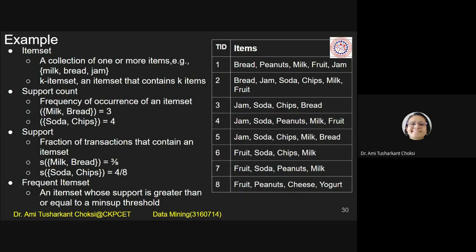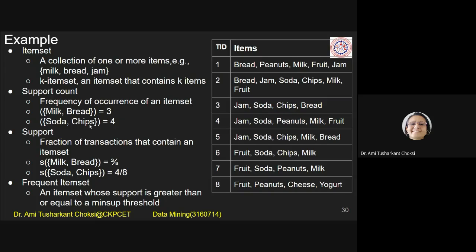The only thing is both should be available and we should find the count of it. That is what is called the support count. We are not talking of support yet. Support count is different and support is different.